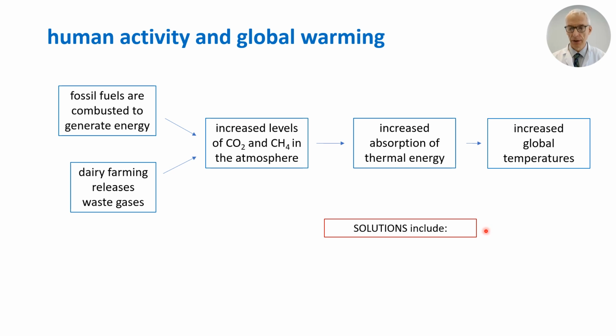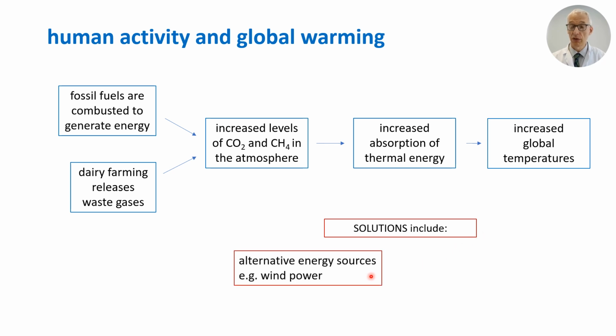Can you recall a couple of solutions to the global warming problem? Pause, speak out or write down your solutions, then come back to check and correct. Okay, so the first obvious solution is to use alternative energy sources, for instance, wind power.